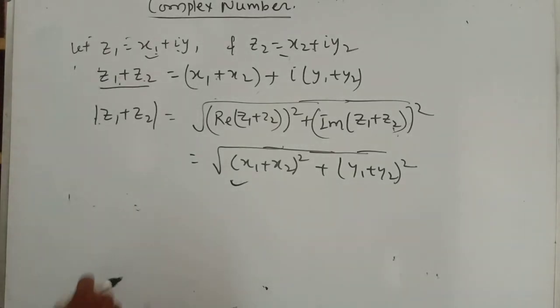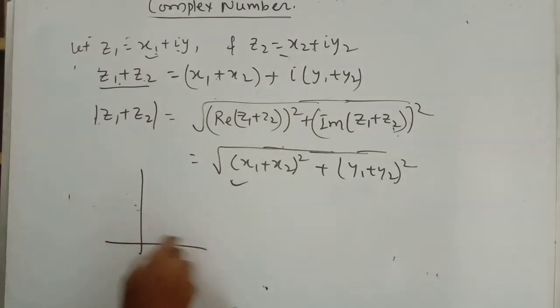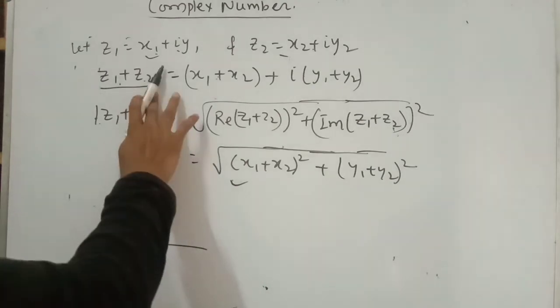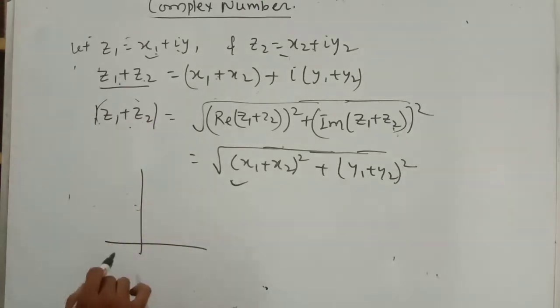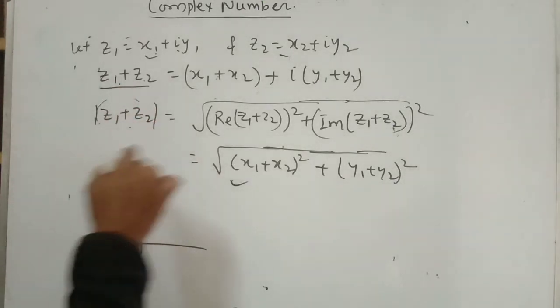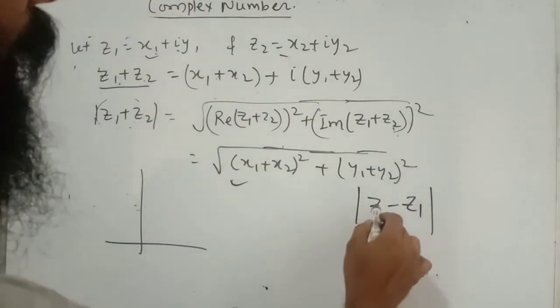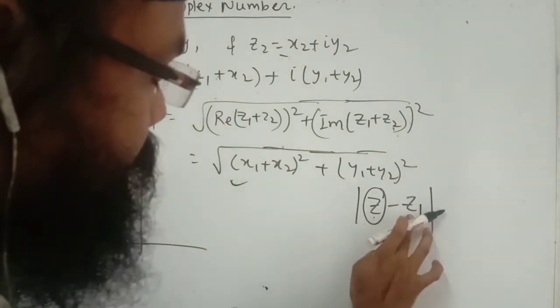Okay, so how can we find it with the help of the Argand plane? Let it be the modulus of z1 plus z2. That means you are finding the distance of this new complex number from the origin. Because I already told you, modulus of z minus z1 means the distance of z from z1.